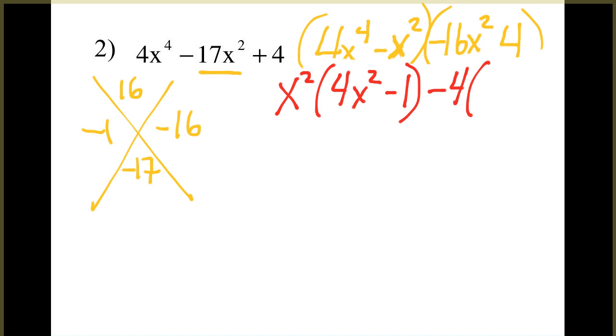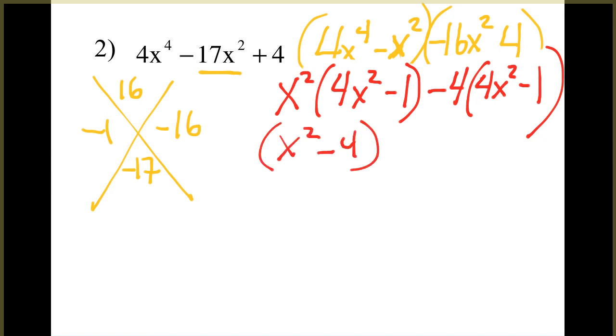And what I'm left with is 4x squared minus 1. Okay. So now really what I'm left with here is x squared minus 4.